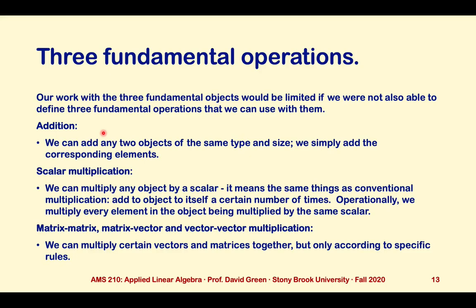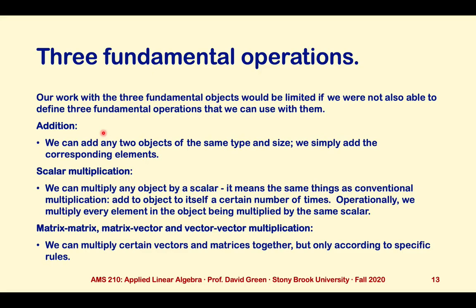Operationally, we perform scalar multiplication simply by taking every element in the object and multiplying it by the same scalar number. Addition and scalar multiplication are quite straightforward.